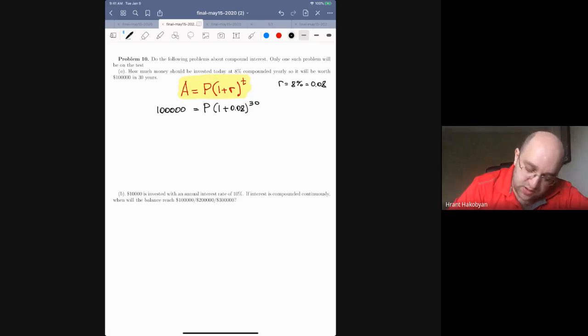So P is equal to, let's just divide both sides by this number here, and that will give you P. So it's 100,000 divided by 1 plus 0.08, that's 1.08 to the power 30.